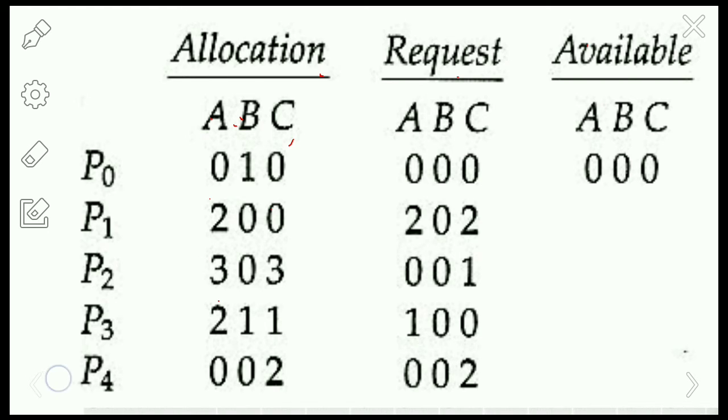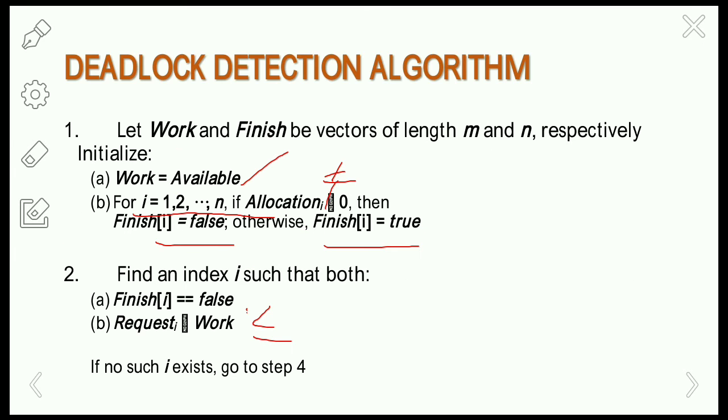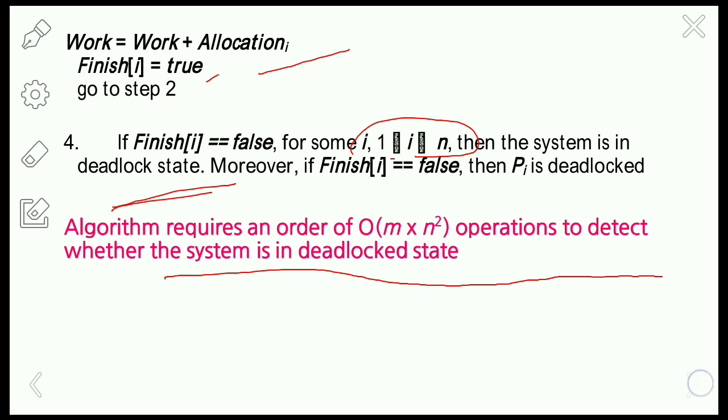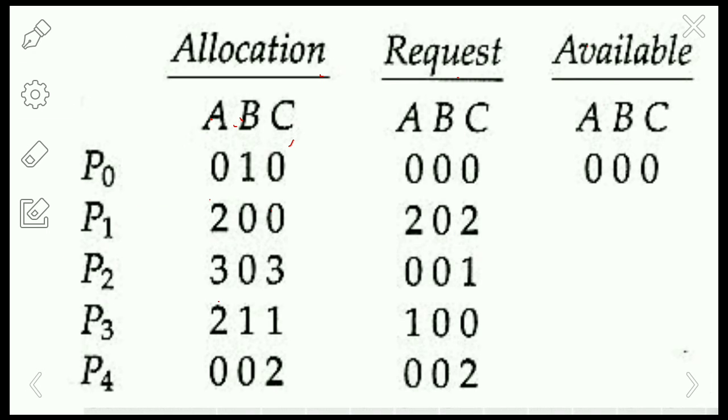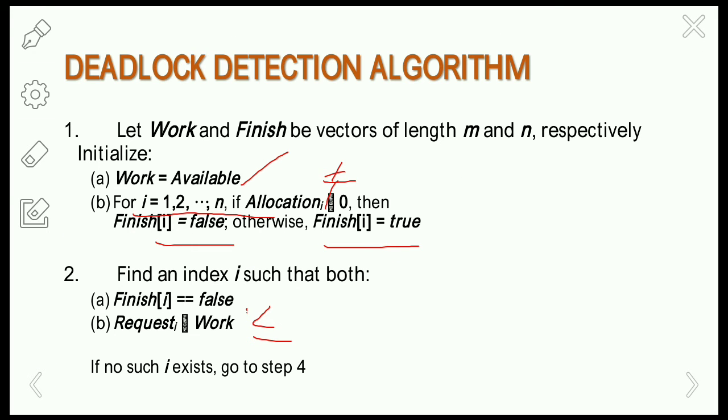First of all, assign work equals available. Then a request must be less than or equal to work. Finish of i equals false means the process P0 is not executed.